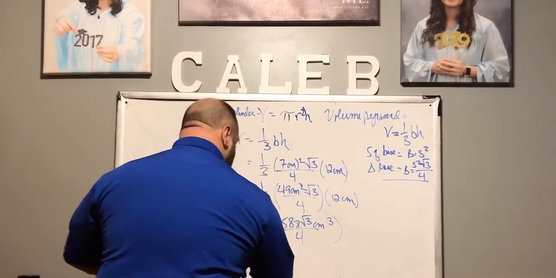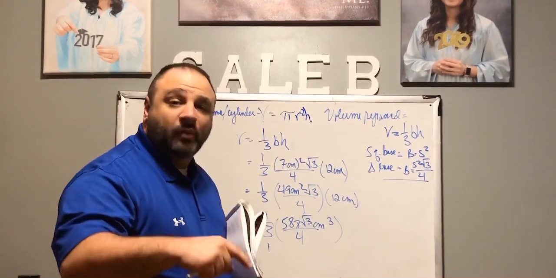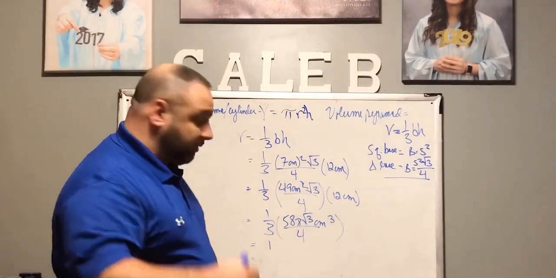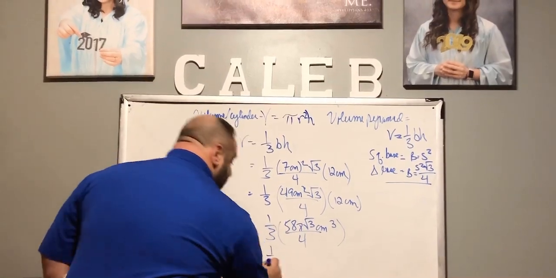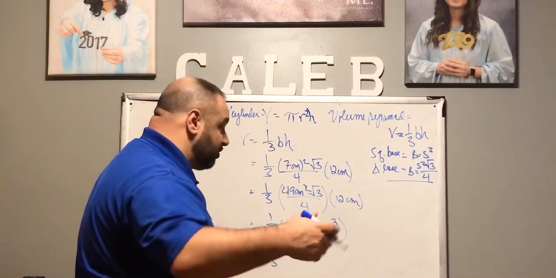Let me go back a little bit. Why don't I just do it longhand so you can see the steps here? So I'm just going to go 1/3, and 588 divided by 4, which goes in evenly, by the way.